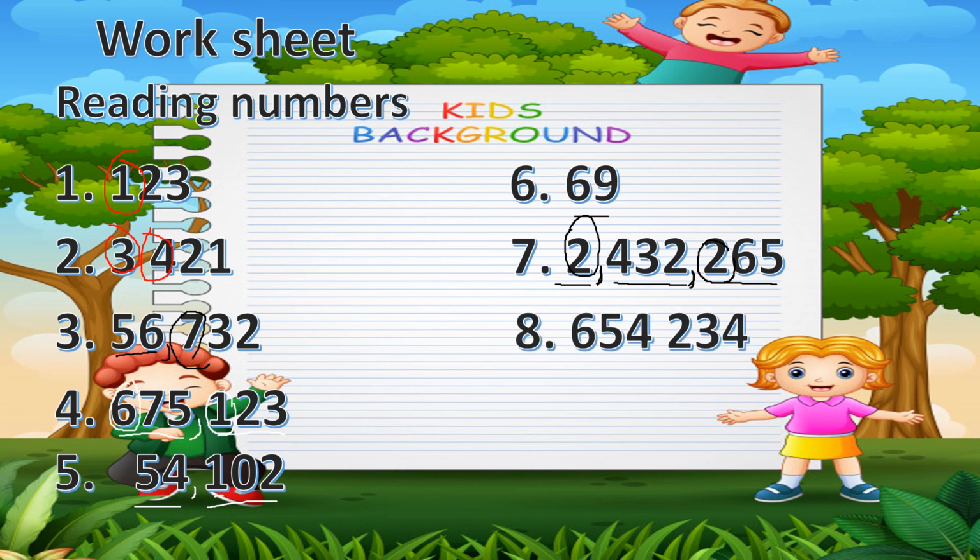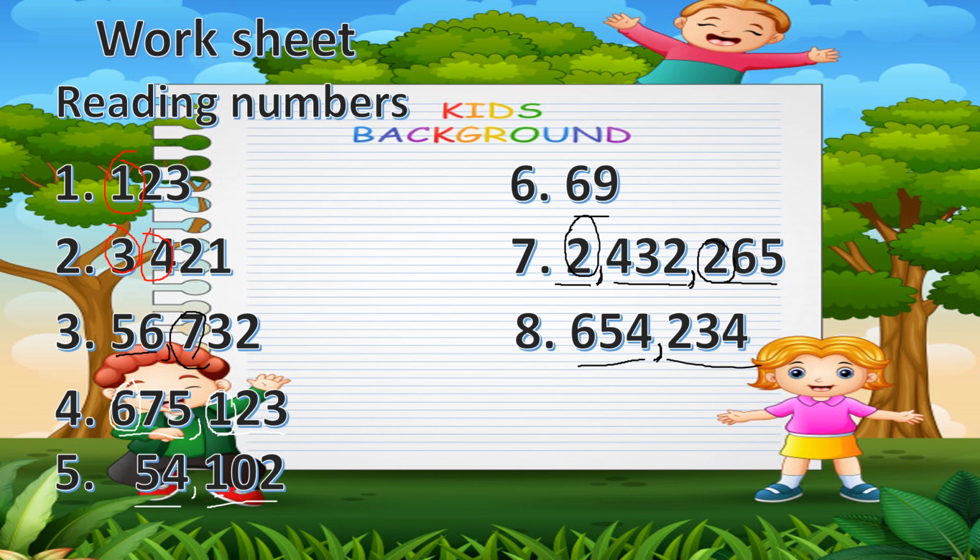Now we have a new example. What are we going to use again to read a number? A separator. Very good. So we use a comma. 1, 2, 3, comma. See? So we're going to read. This is in a period of thousand, and this is a period of unit. See?